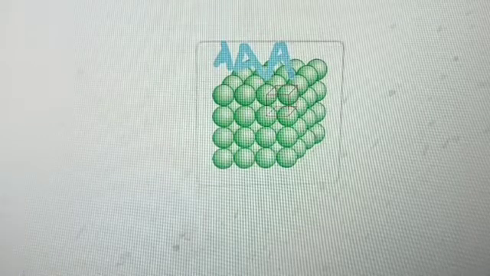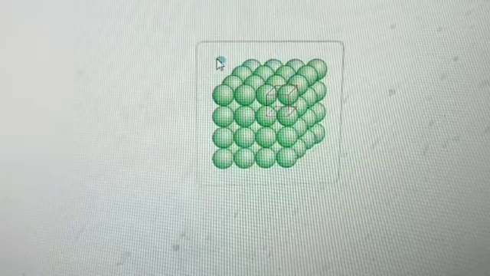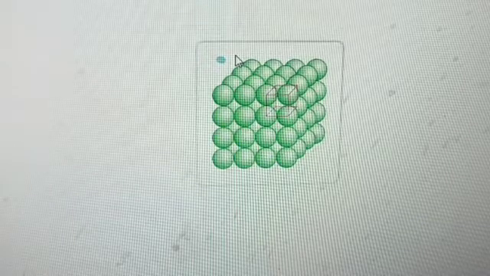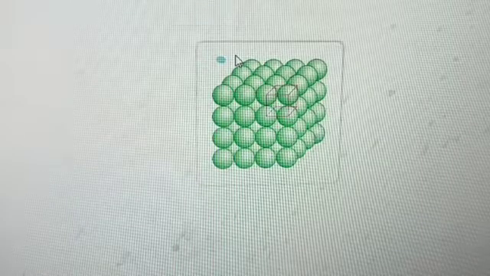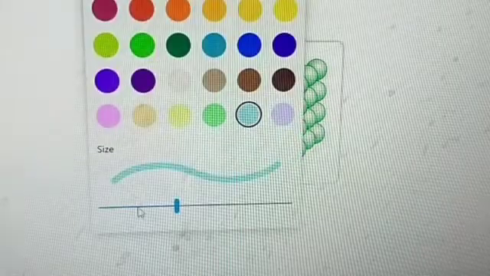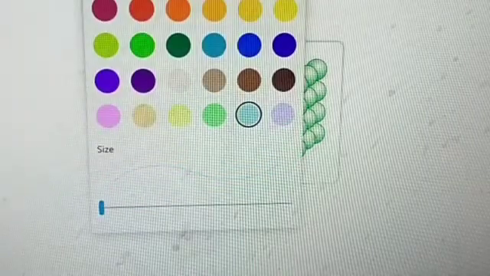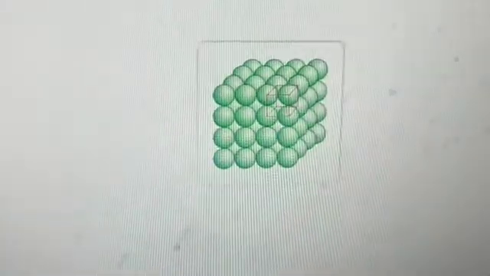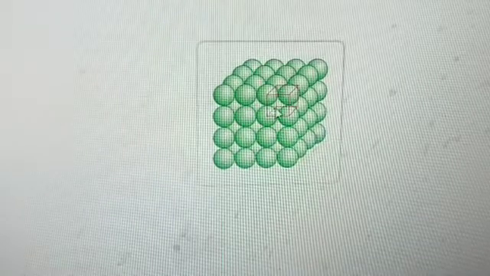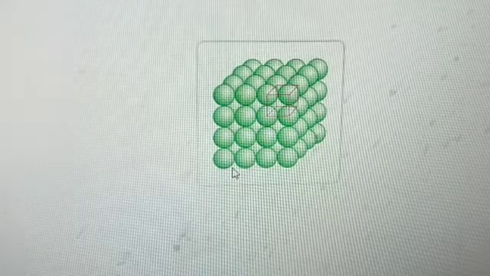So what is this arrangement? A type of arrangement. So in this A type of arrangement, when we arrange the layers one by one like this, they are horizontally fixed perfectly and vertically also fixed perfectly.